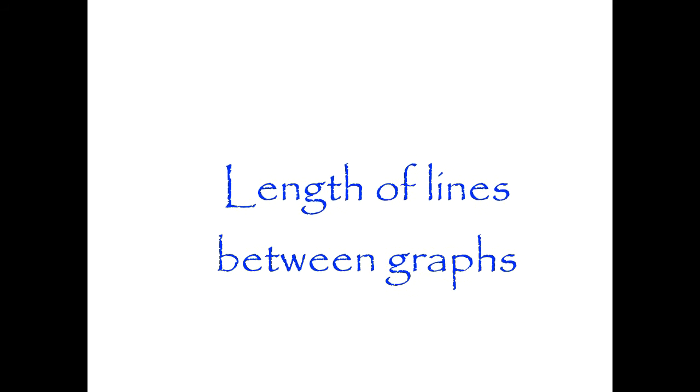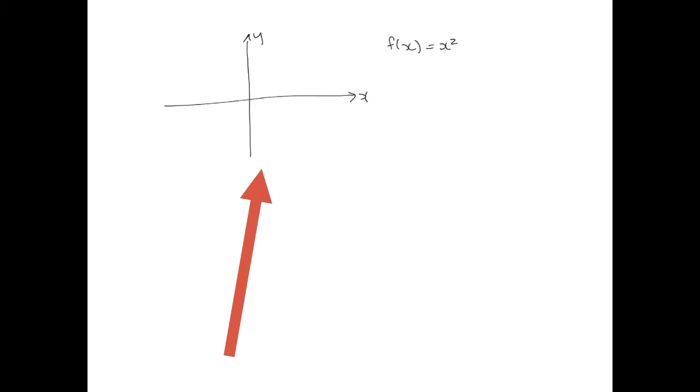Okay, so in video 2, we are going to do a common concept that people struggle with, and it's finding the length of lines between graphs. So, not the straight lines, but let's say we have f of x equals x squared minus x minus 6, and g of x equals x plus 1.